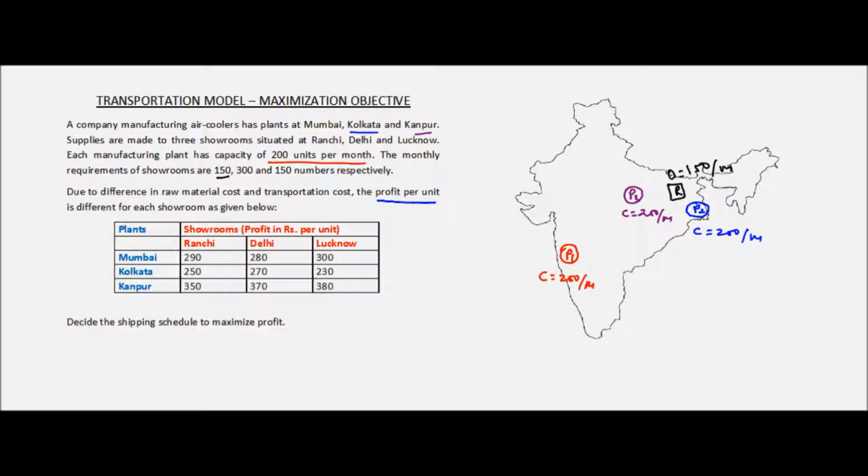The second one is in Delhi, so this is D with a demand of 300 units per month. And the third one is in Lucknow with a demand of 150 units per month.